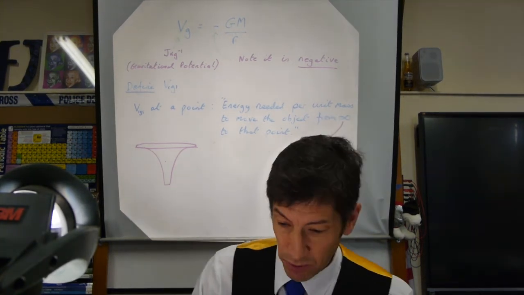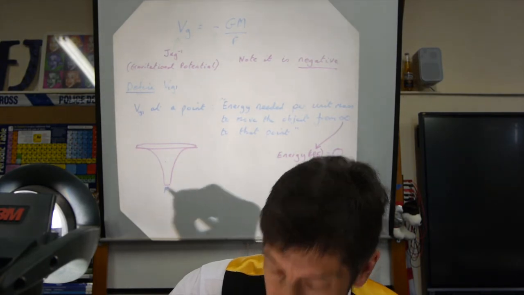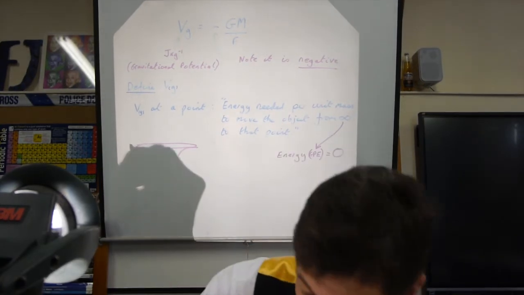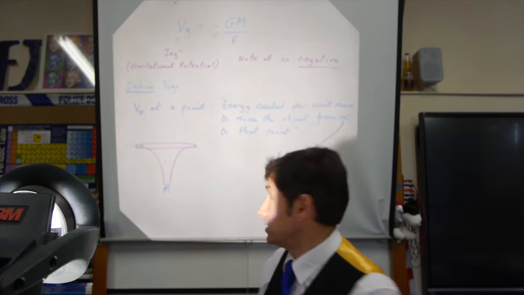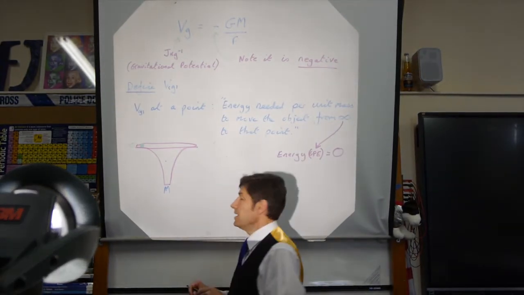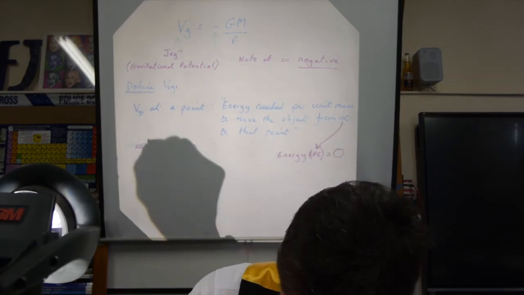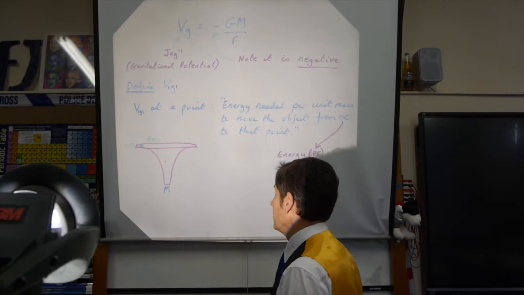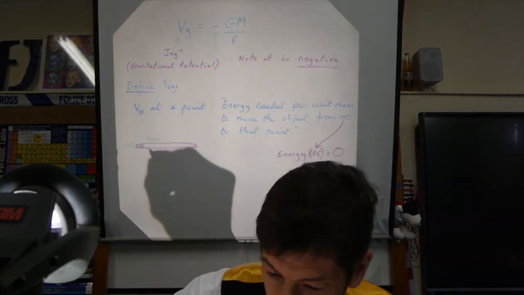So I'm going to put the large mass there, M, and I'm going to imagine our little object out here at infinity. So there's our other little mass. And by definition, this point is the 0 point of energy. And then we'll let it fall in towards the gravitational mass. So it will fall in.